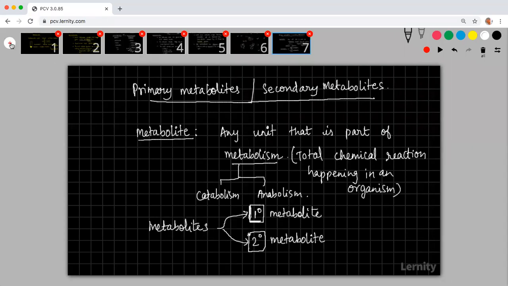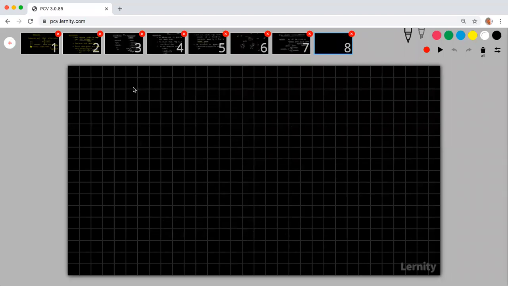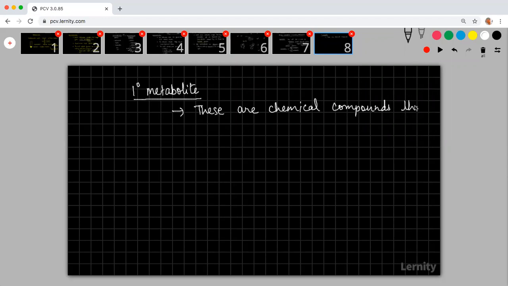Okay. So what is a primary metabolite? These are chemical substances, these are chemical compounds that are involved directly in metabolism.